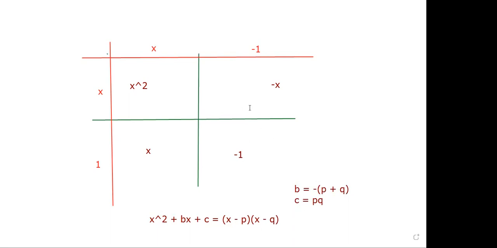So whatever is here, that negative number is to be written as a product of two numbers. Now, whenever you want to write a negative number as a product of two numbers, one of them has to be positive and the other has to be negative. They cannot both be positive, neither can they both be negative.